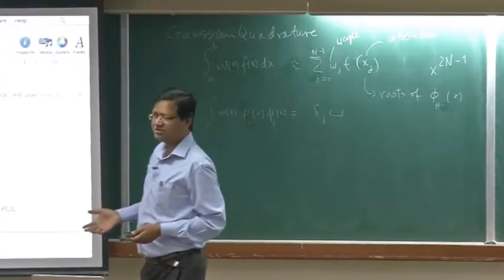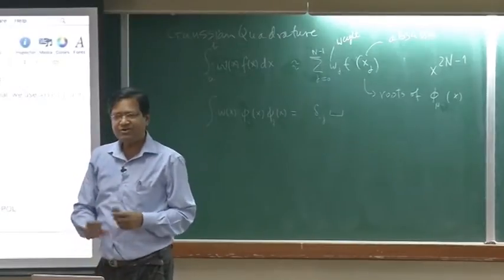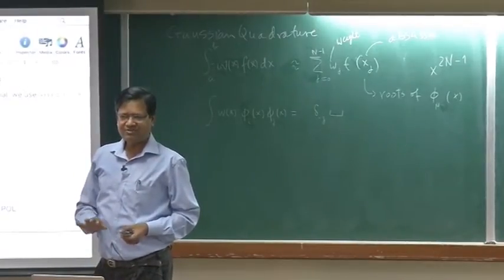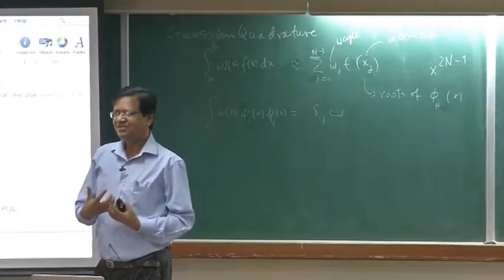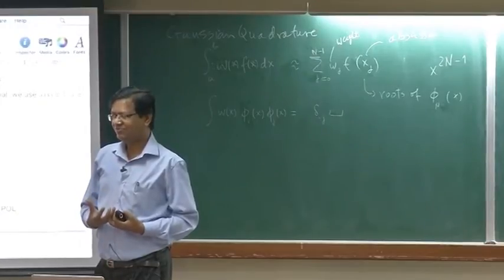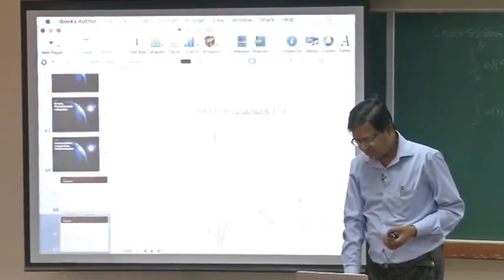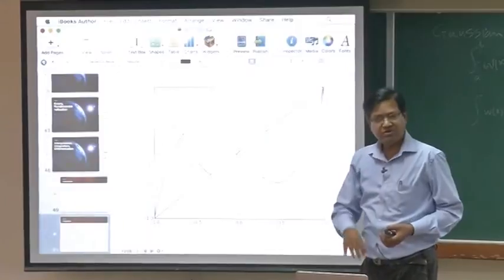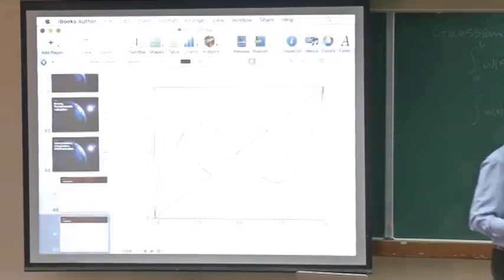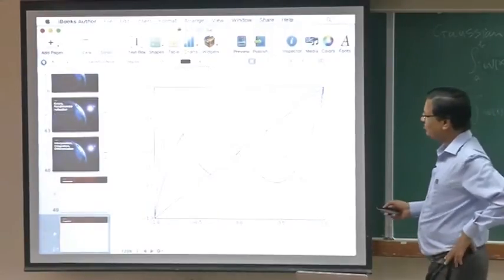How does it look? There is a way to plot them. There is a package called special. Using the special package, which I will share with you, it will give you phi of x. You don't need to remember them; it is part of Python. These are the Legendre polynomials.